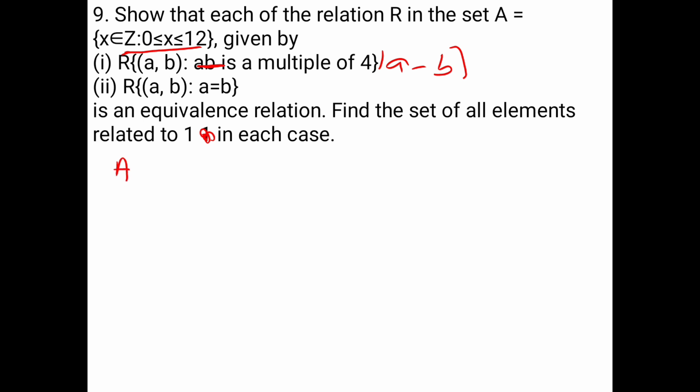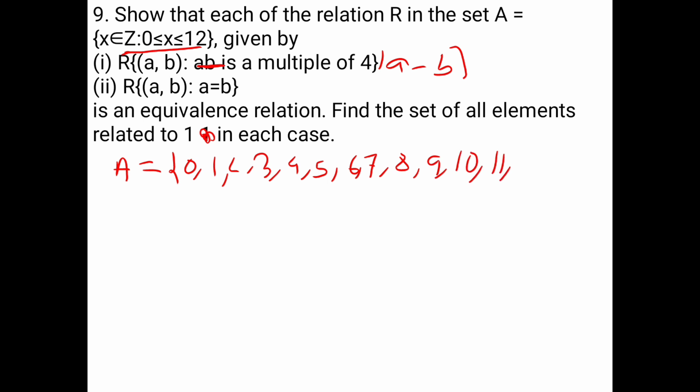The set A has elements 0, 1, 2, 3, 4, 5, 6, 7, 8, 9, 10, 11, 12, which are integers 0 to 12.